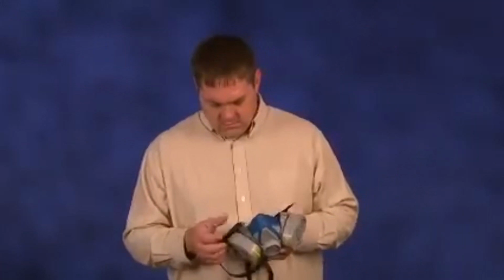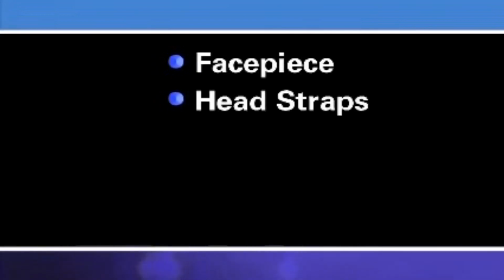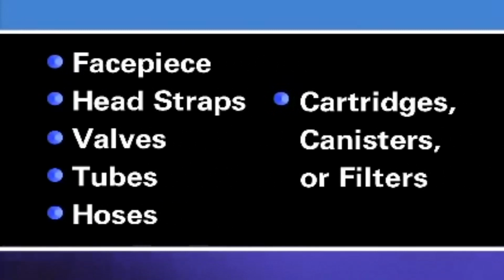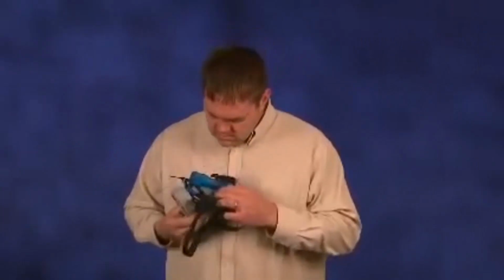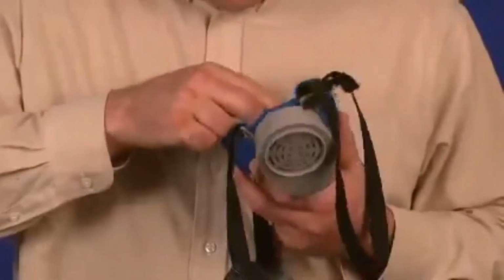A respirator inspection must include a check of the respirator's ability to work properly, the tightness of any connections, and the condition of the various parts, such as the facepiece, head straps, valves, tubes, hoses, and any cartridges, canisters, or filters. In addition, elastomeric parts must be checked for pliability and signs of deterioration.